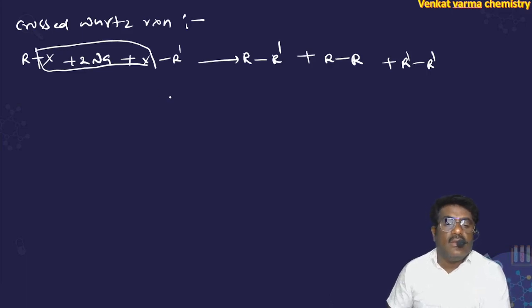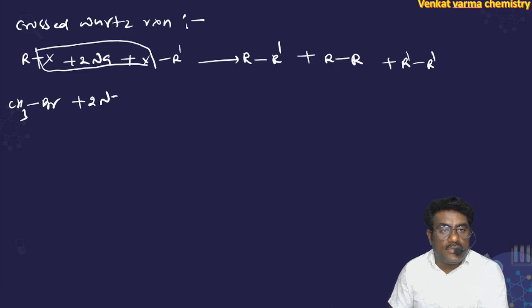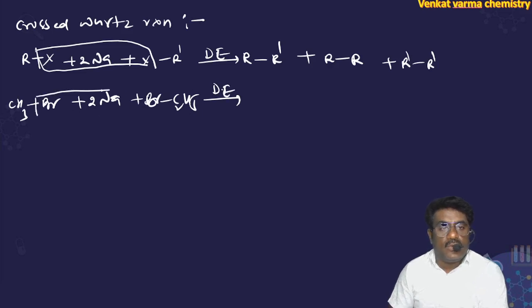If I take one example for this, for example CH3 Br plus 2Na plus Br C2H5 in presence of dry ether. See, what does it give?